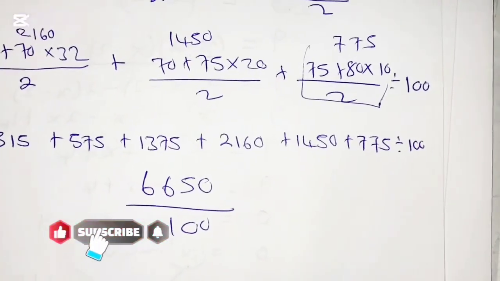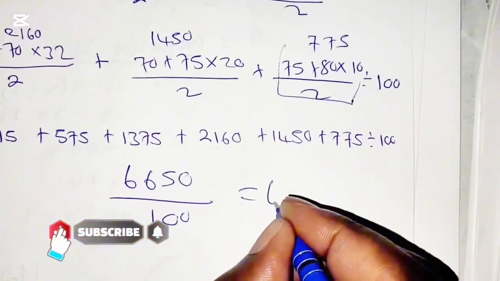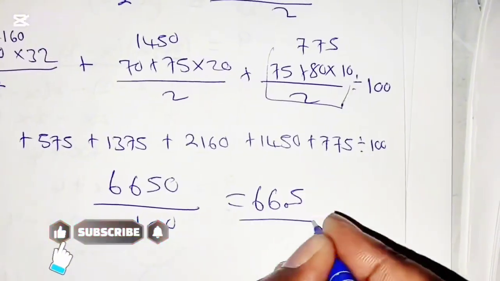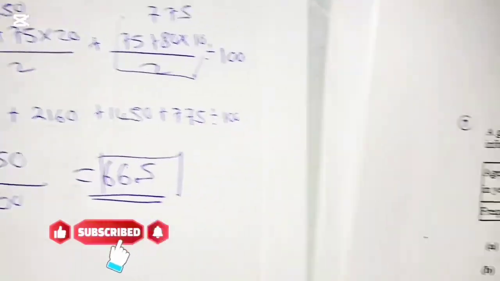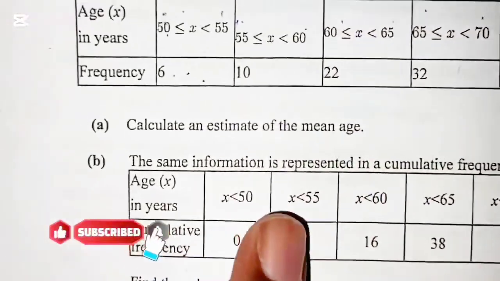So our answer will be 66.5. That's our mean. That's the mean of the age.